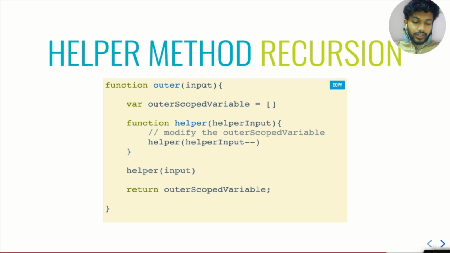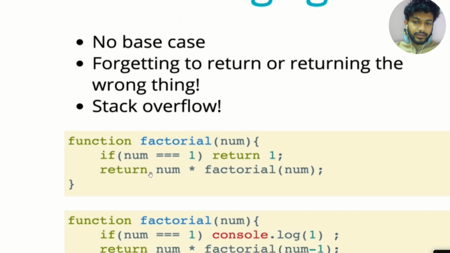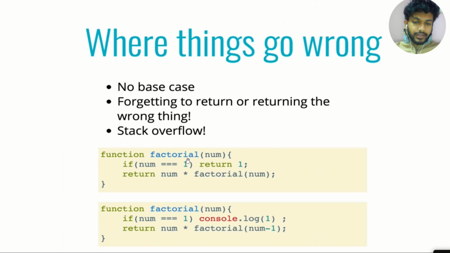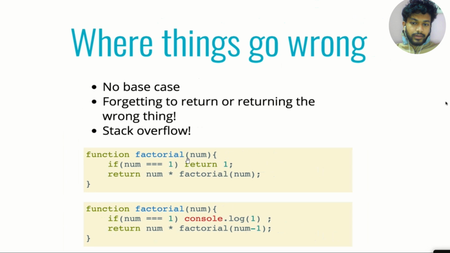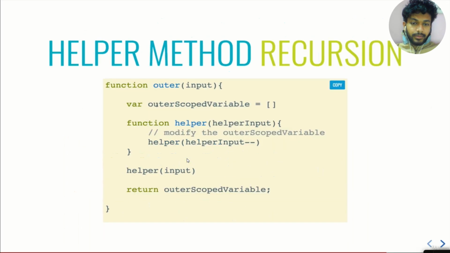It is the same input they would have added if the function was simple recursion, the same but different. That very input will be used by the inner recursive function, and it just returns the outer scope variable, the updated variable.